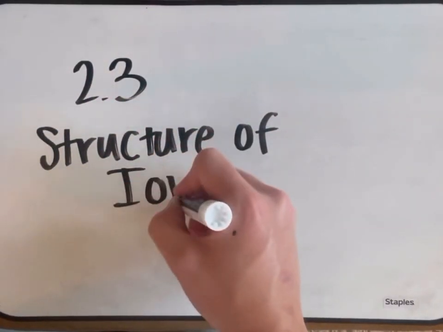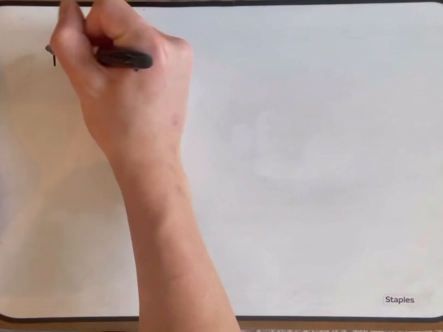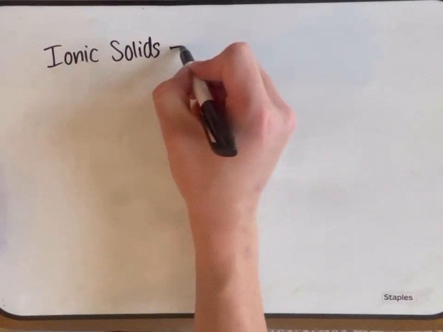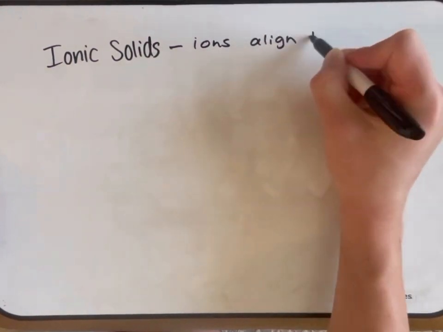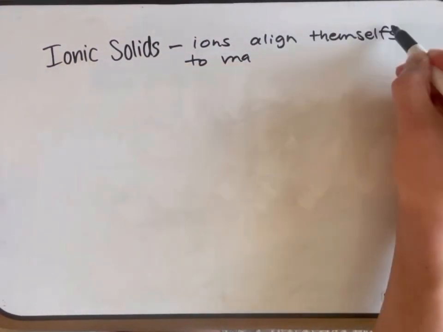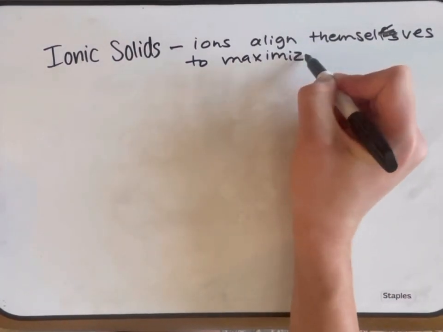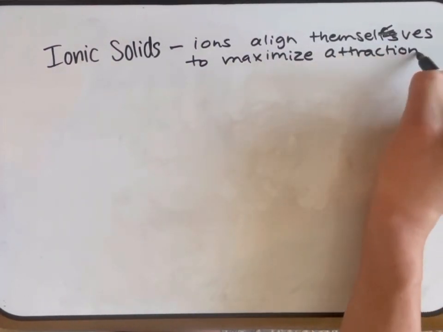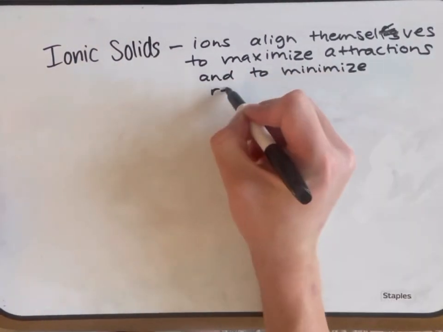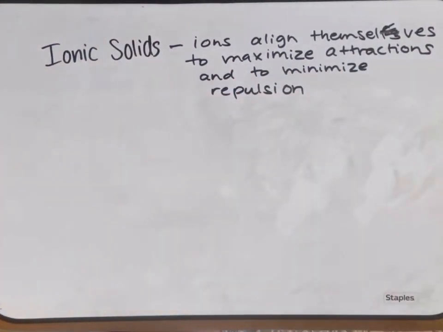So now we're going to talk about 2.3, structure of ionic solids. Ionic solids are ions that align themselves to maximize attraction and minimize repulsions. And we can see that through the lattice structure.